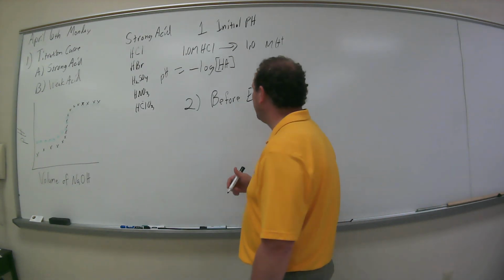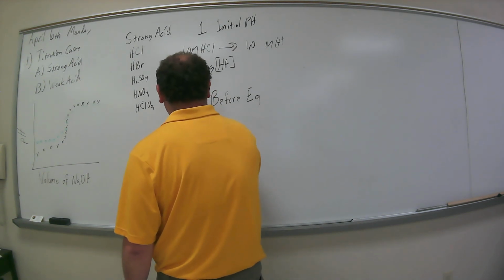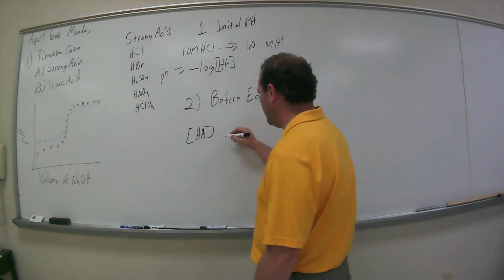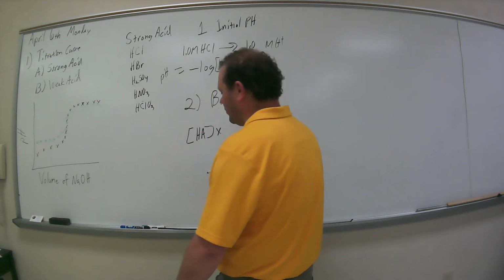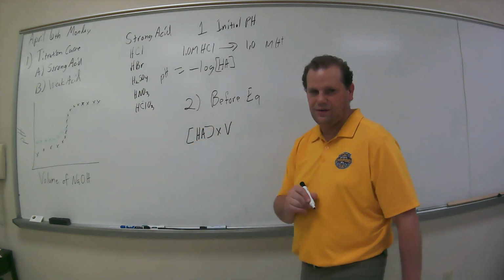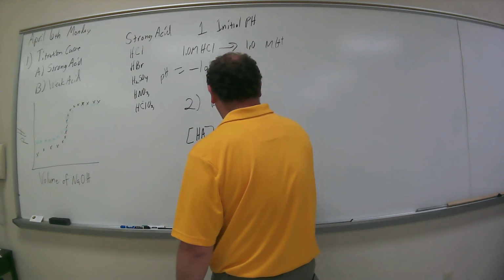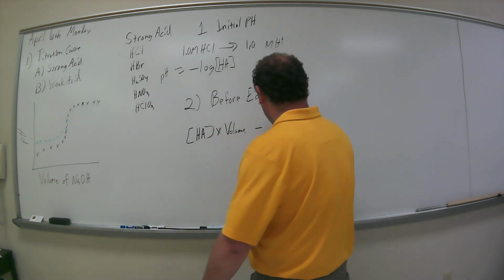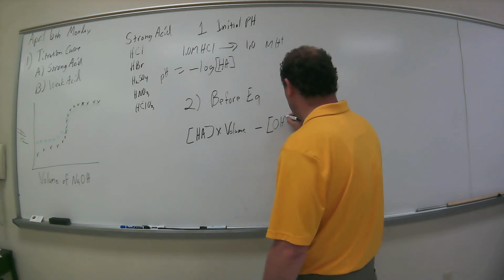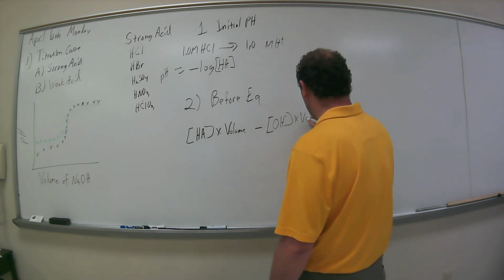So we take the concentration of our acid, multiplied by its volume, minus the concentration of the base you've added times its volume.